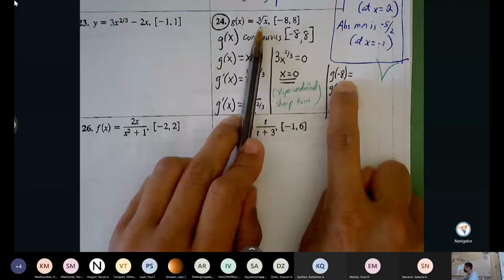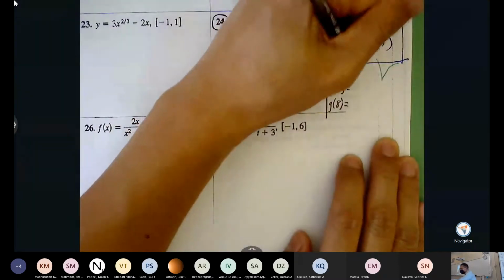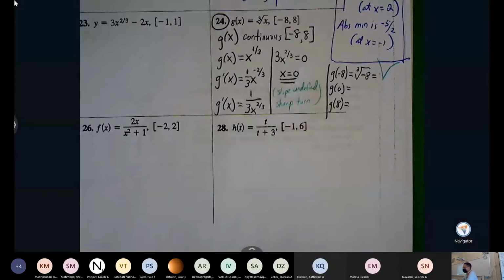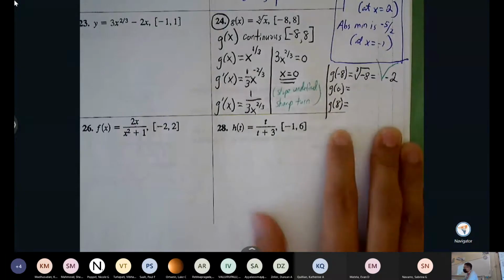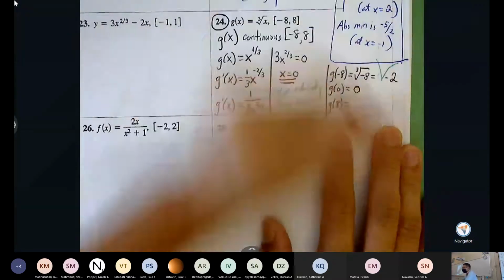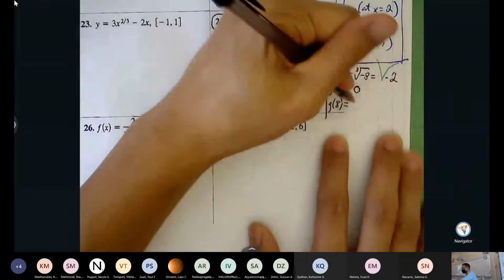So cube root of -8 is -2. Right? 0 into the original function, I get 0. 8 into the original function, I get 2.